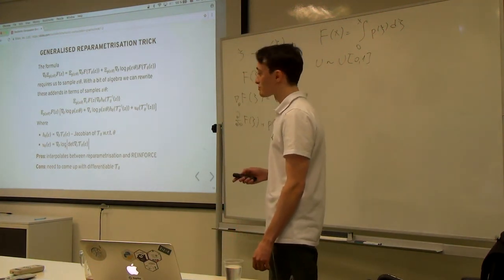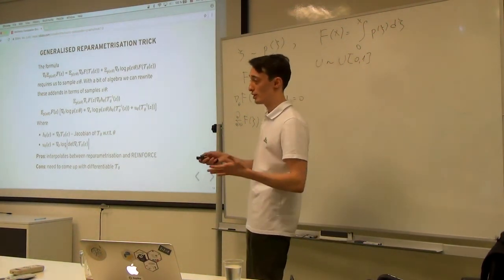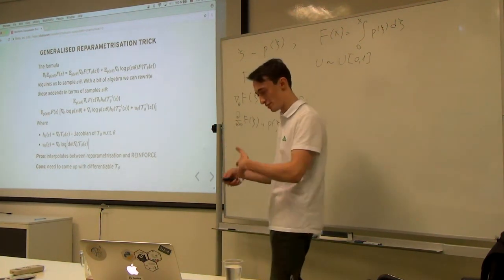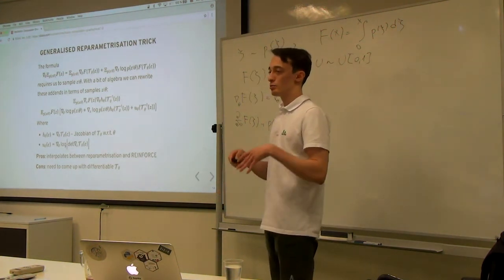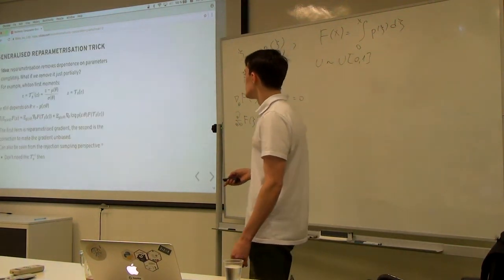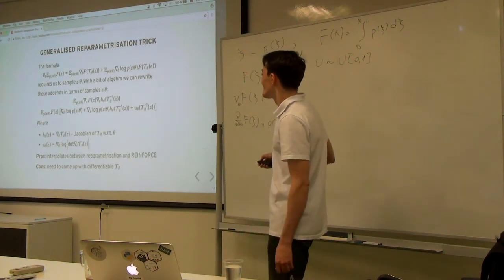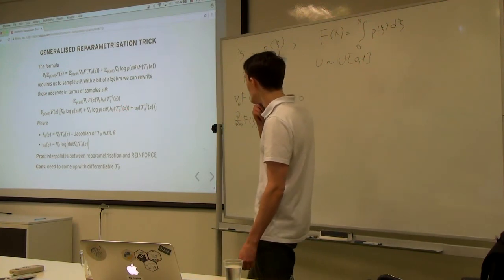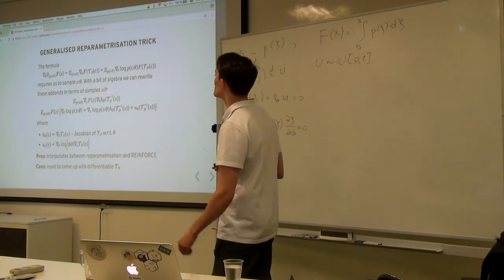Okay, what is the conclusion? The conclusion is that the generalized reparameterization allows you to interpolate between REINFORCE and reparameterization, because if you have a really good transformation T that removes all the dependency completely, then you can see from this formula the result.